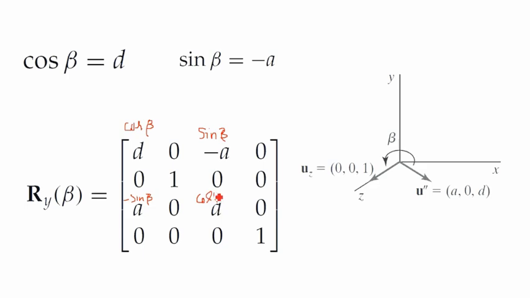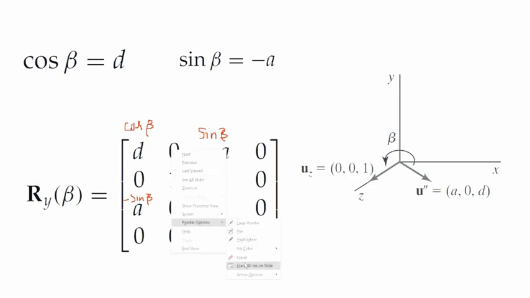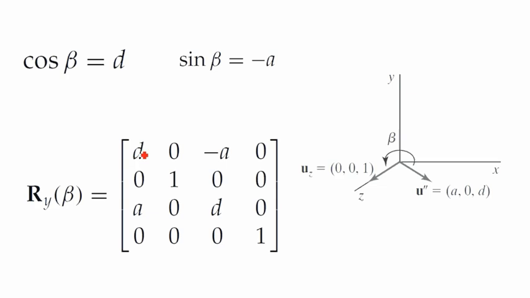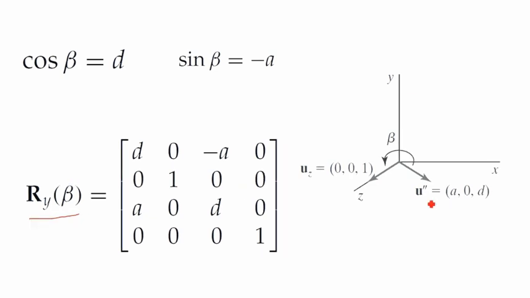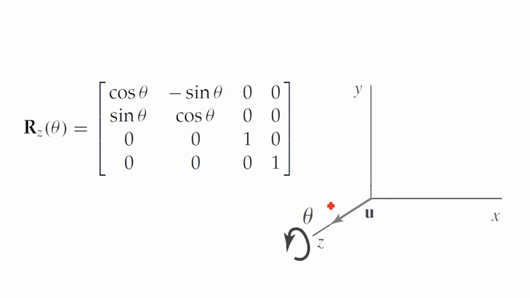If I replace these values, I would get this matrix, where d, minus a and d are known terms to me. If I apply this matrix over vector u double dash, I will get the vector which will be aligned with z-axis. So now u is brought onto z-axis.